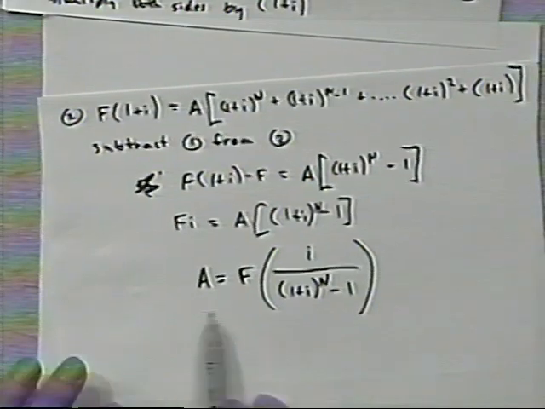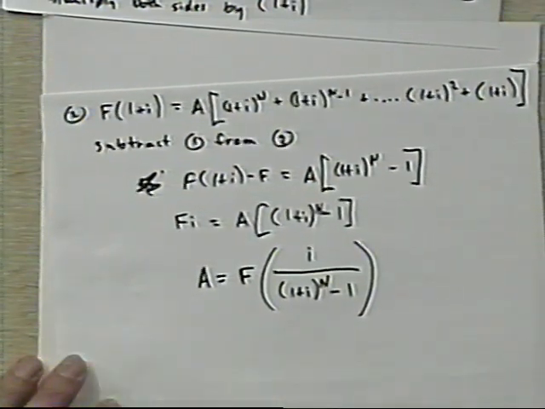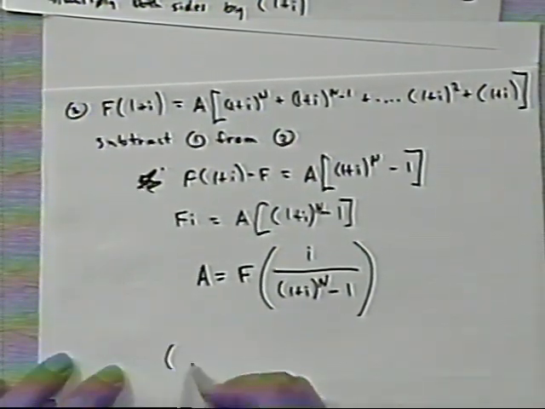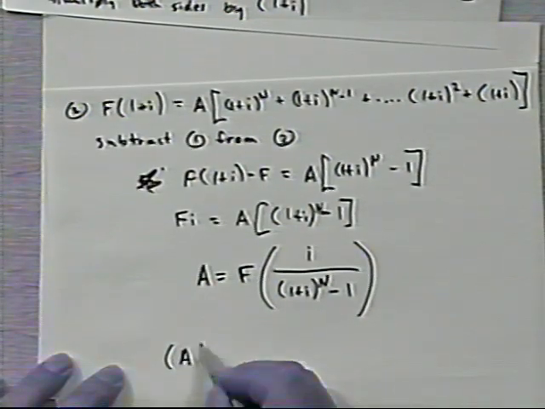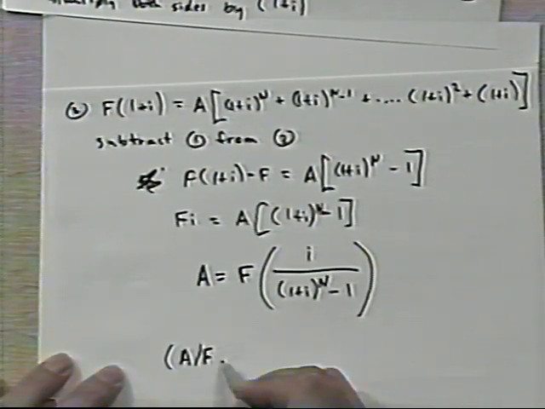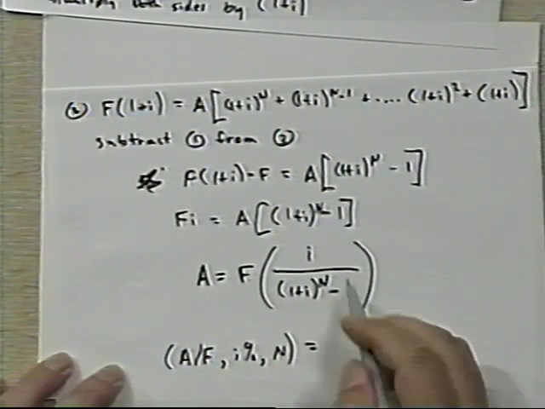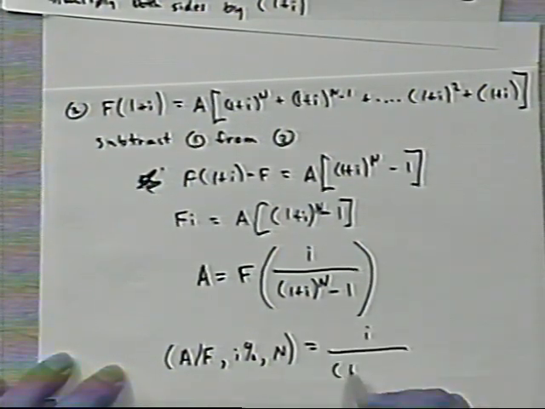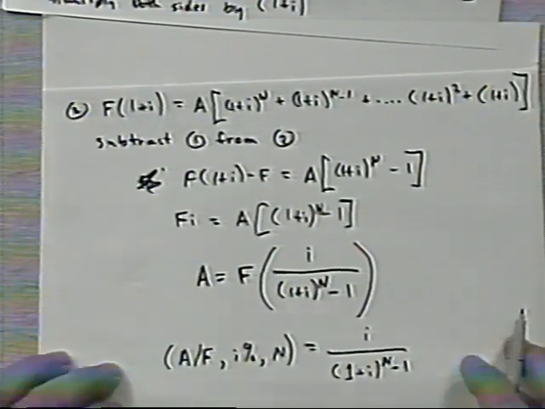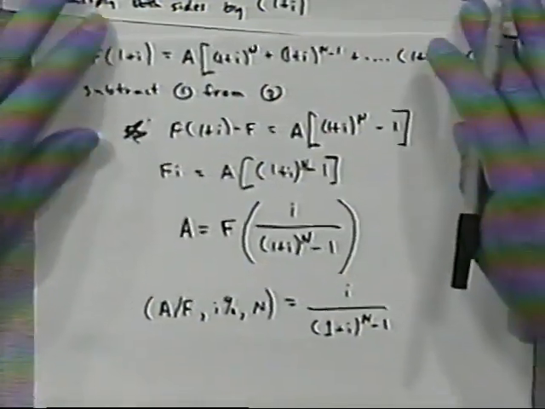This gives us a very simple relationship between the annuity and the future worth, so that our conversion factor is this part, i over ((1 plus i) to the n minus 1). Now that was kind of a complicated development.